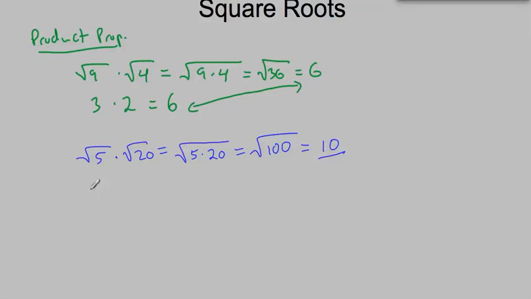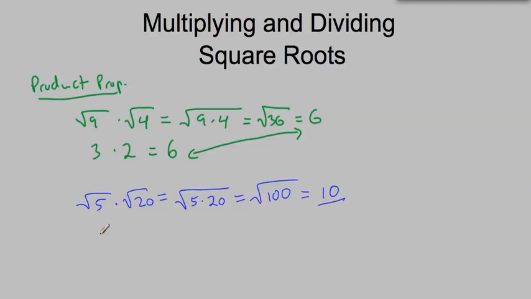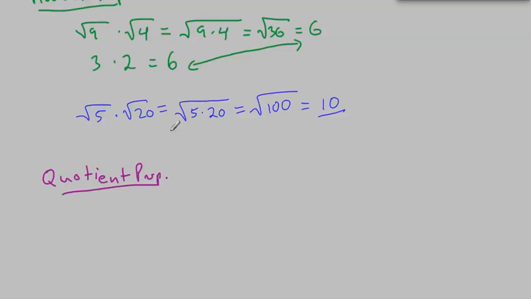Okay, I told you we were going to talk about multiplying and dividing. A product has to do with multiplication. Let's talk about division here, the quotient property of square roots. Now, just like a radical times a radical, I could write one big radical and do the multiplication.